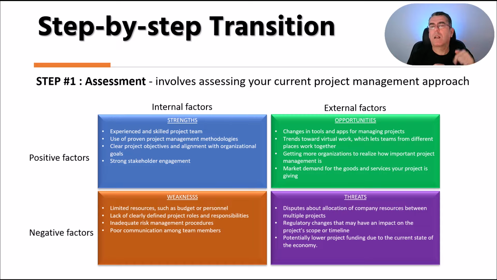We know the economy works like waves. So sometimes we are in good positions, sometimes we are in bad positions. Usually when we are in bad positions, companies try to reduce the budget for new projects. And this, of course, will impact your process to move to another approach.